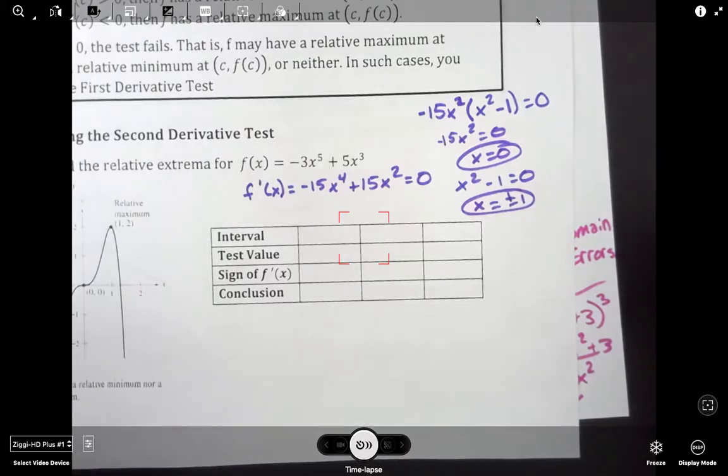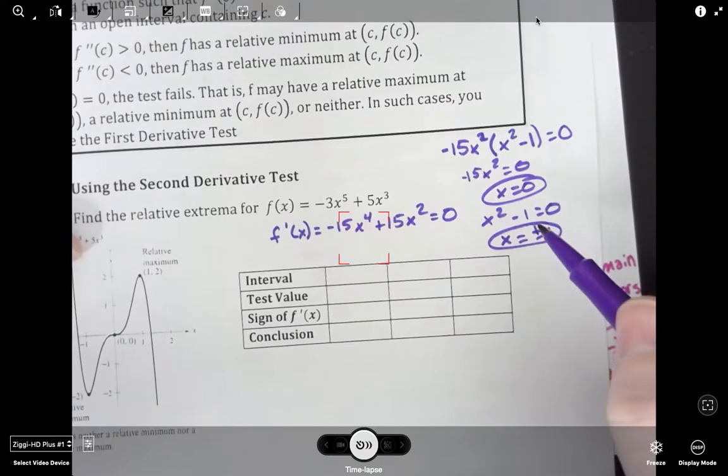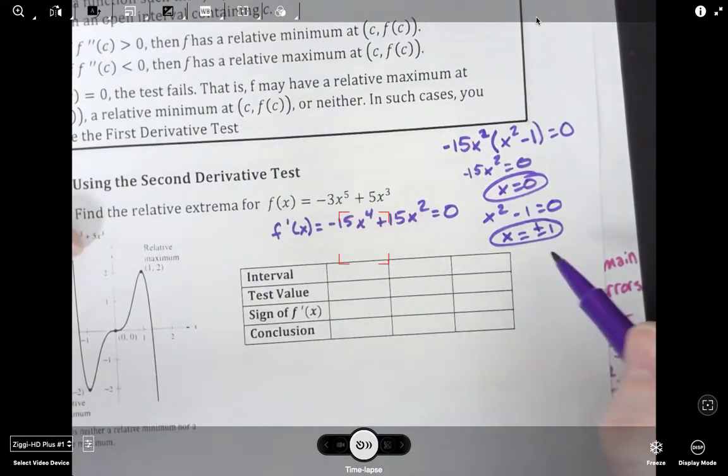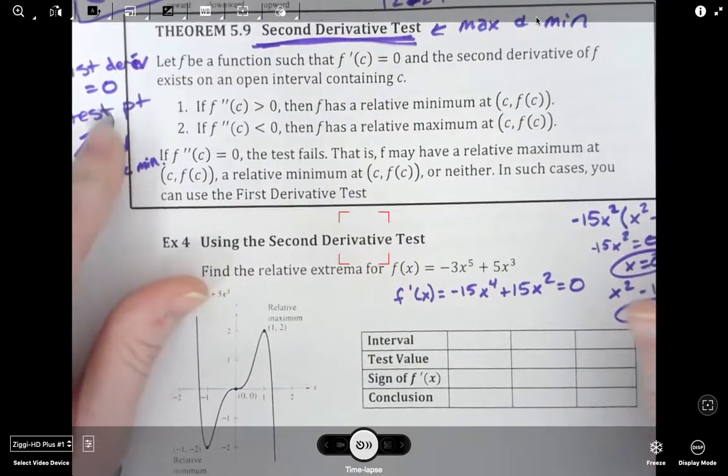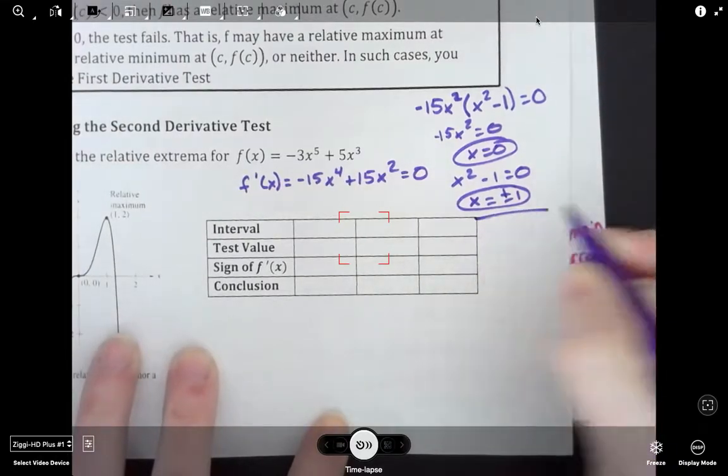Okay, now, in the previous section, you take the derivative, set it equal to 0, and then you create test intervals. Since I have 3 critical numbers, I would have 4 test intervals. But you're not going to do this procedure again. You are going to now, with these points, take the second derivative.